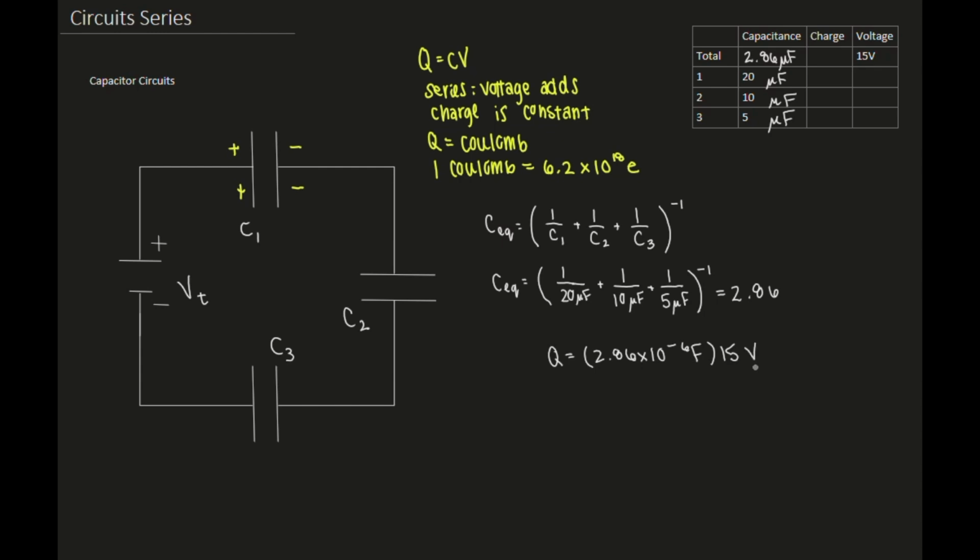And I get that it is roughly 4.29 times 10 to the -5 coulombs, or I could write it like this, 42.9 microcoulombs.